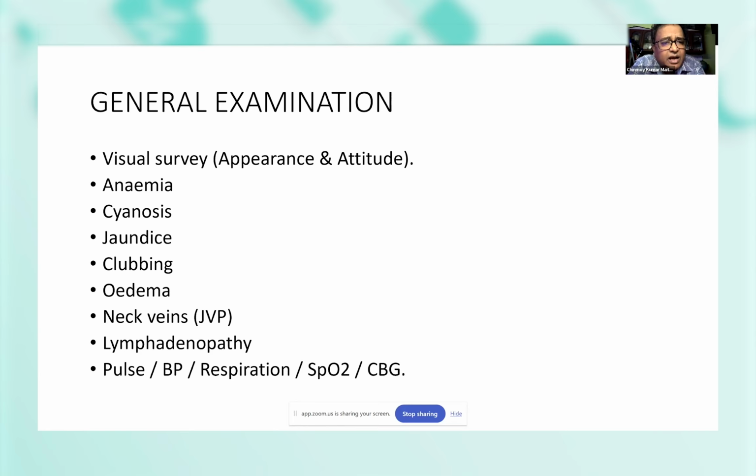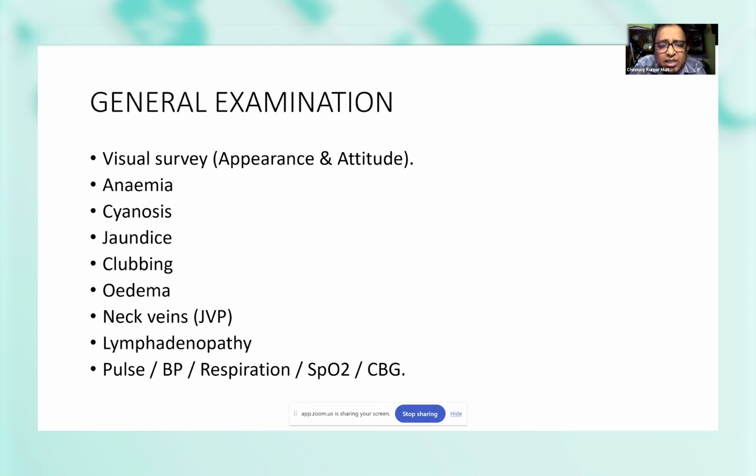Whether the patient is calm and quiet, or unkempt, restless, cachectic or obese. The very first look. Most of the time the patient is comfortable and alert. Then anemia, cyanosis, jaundice, clubbing, edema, maybe neck veins, lymph nodes, and the pulse, blood pressure, respiration, saturation, and maybe blood glucose level. This is a very basic general thing to be completed.